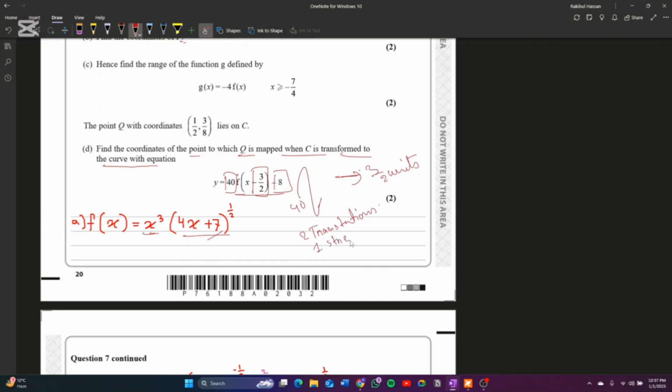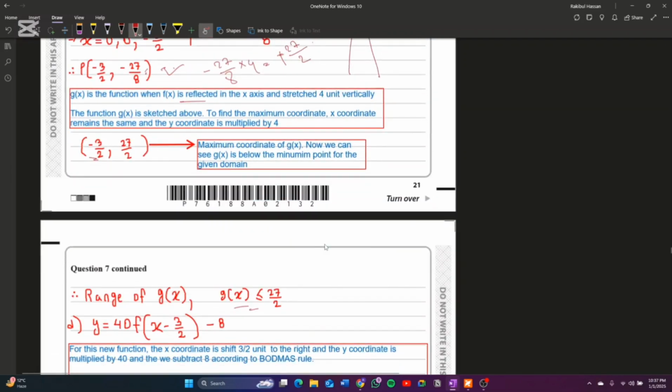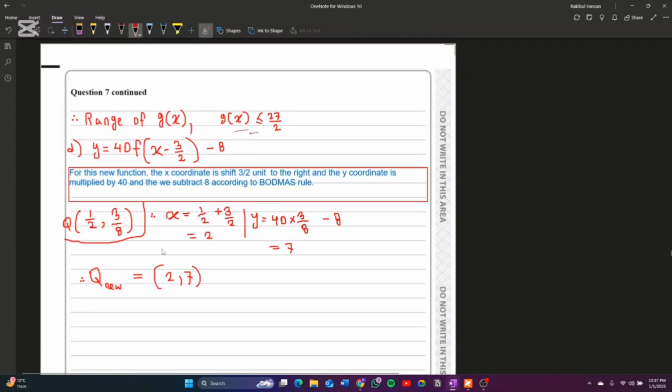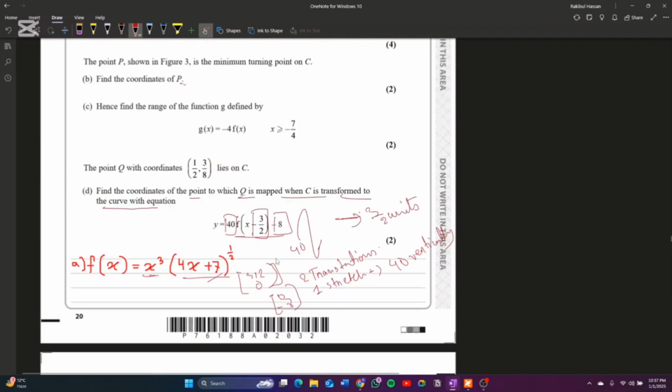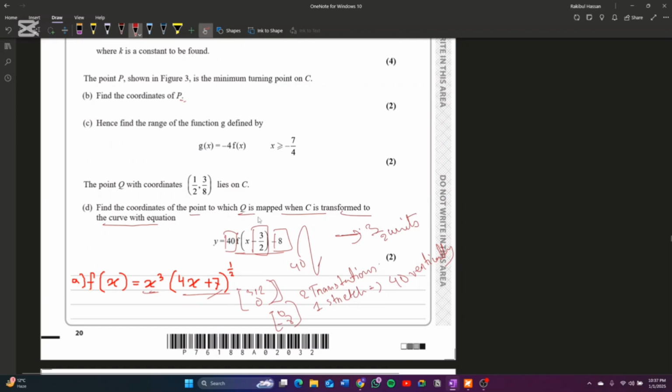The stretch factor is 40 vertically, and the two translations are the vector (3 over 2, 0) and the vector (0, negative 8).